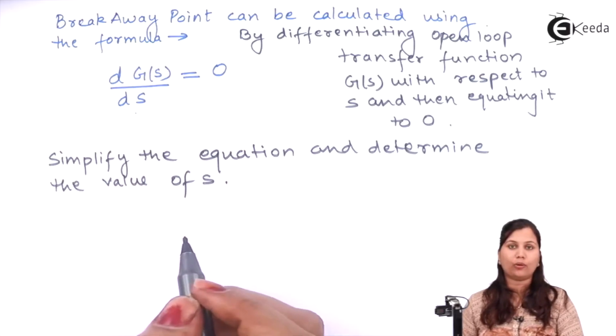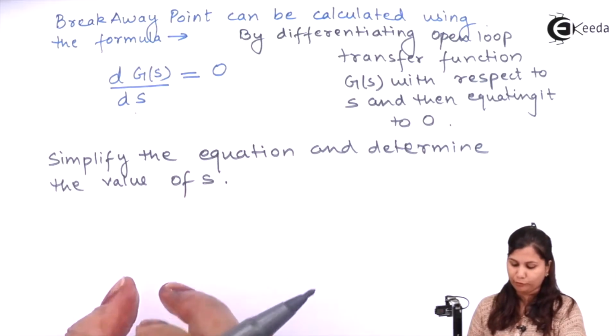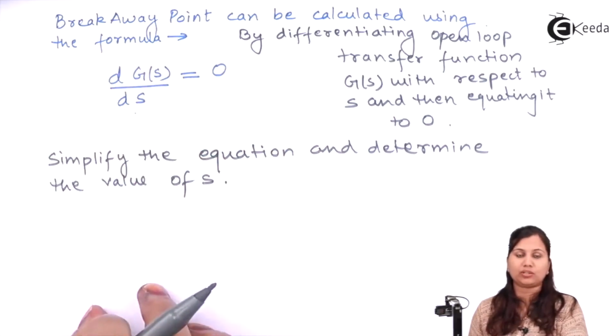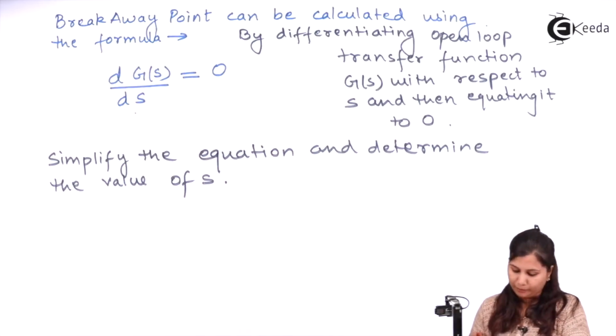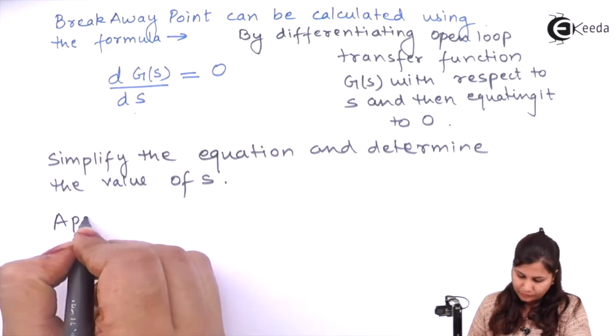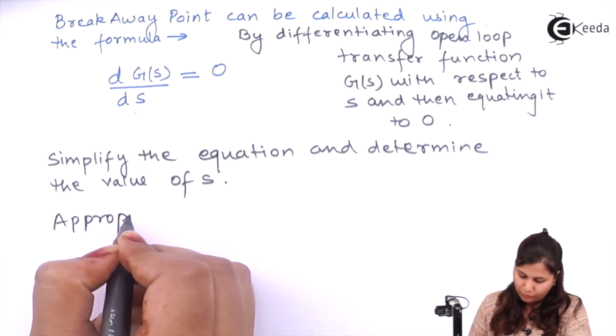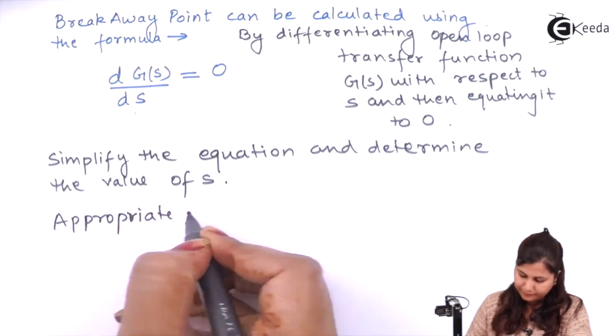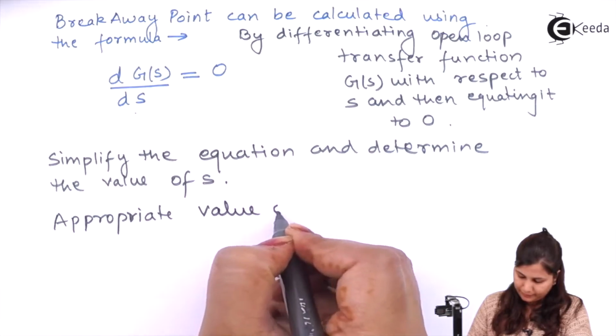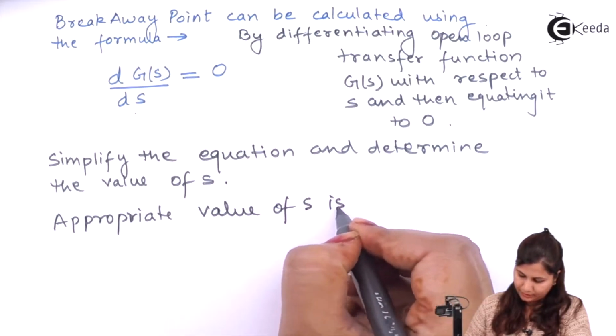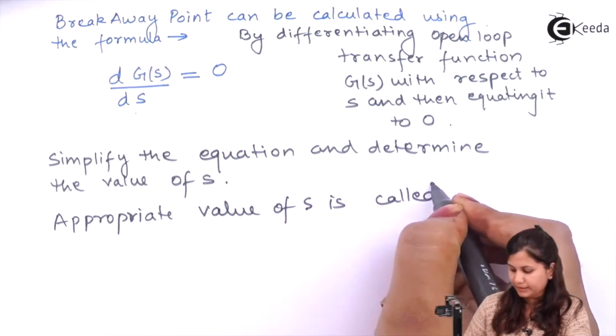That value of s, which you have obtained after simplifying this equation, will be the breakaway point. So the appropriate value of s is called the breakaway point.